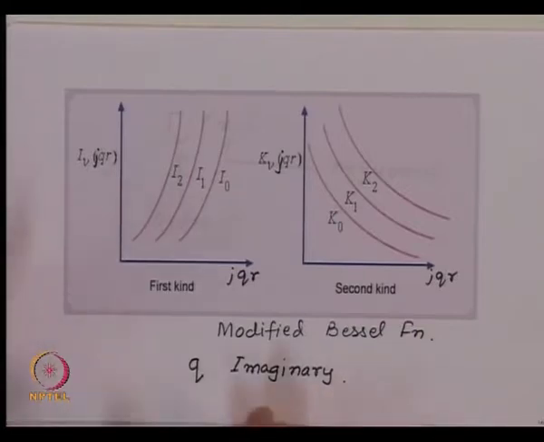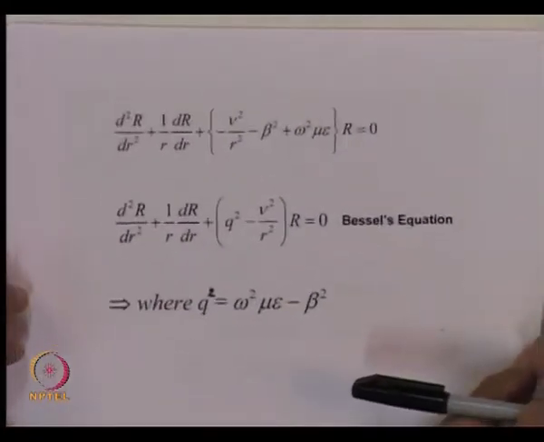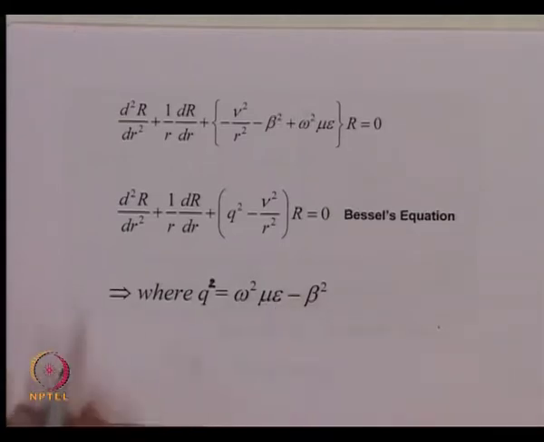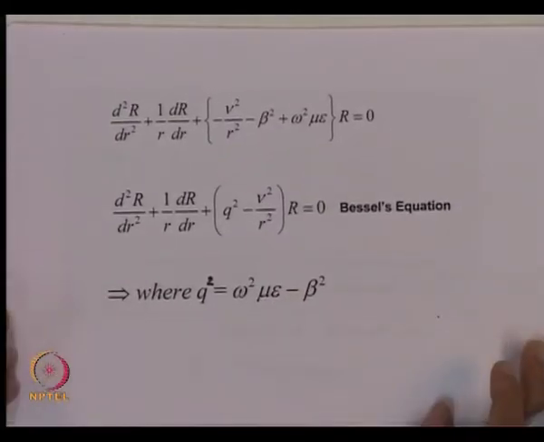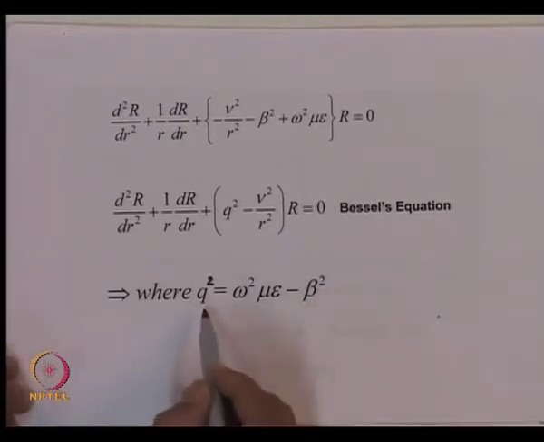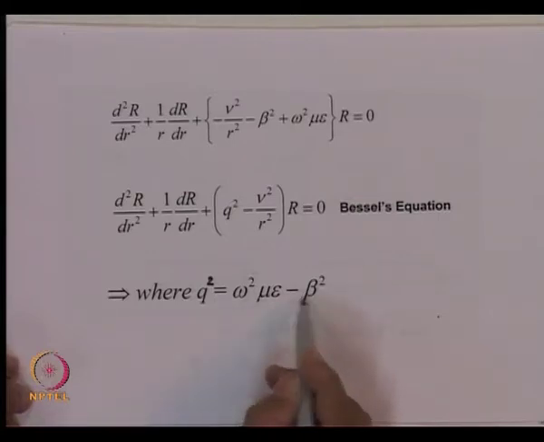If I have q which is in general complex, then we will get functions called the Hankel functions. But in this case, since we are talking about the medium which is lossless, the mu and epsilon, these quantities are real quantities. The beta is the phase constant, which is a real quantity. So in our case, either q can be real or q can be imaginary, depending upon whether this is greater than this or this is less than this.